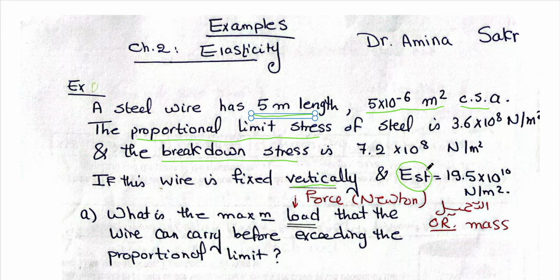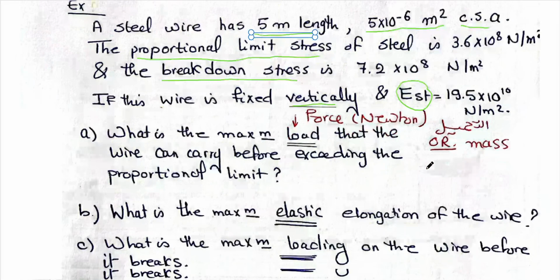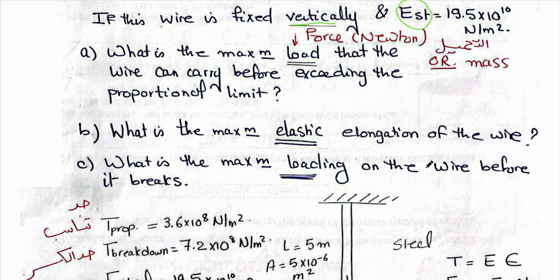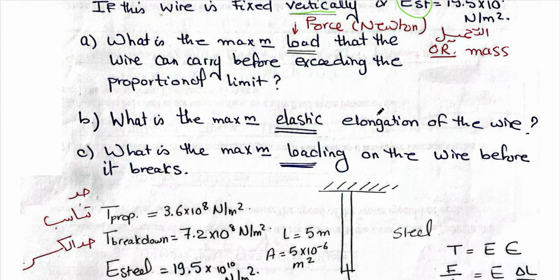Young's modulus, the longitudinal elasticity modulus. It's required to calculate the maximum load that this wire can carry before exceeding the proportional limit. When asking for the maximum load, this means the maximum force that this wire can hold or the maximum mass it can hold.